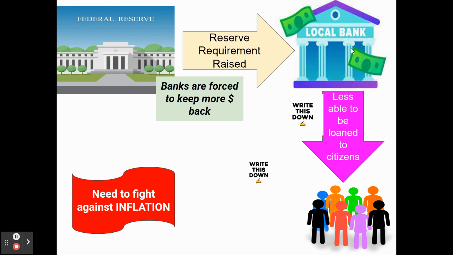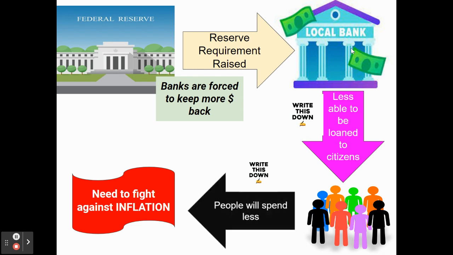So, when the Fed tells your bank you have to keep more back, that's going to reduce their ability to give loans to citizens. And if citizens don't have access to the loans, this will probably reduce spending, right? Because you're not going to be able to buy whatever you needed the loan for. So this is a tool that the Fed can use to try and reduce spending: raising your bank's reserve requirement.